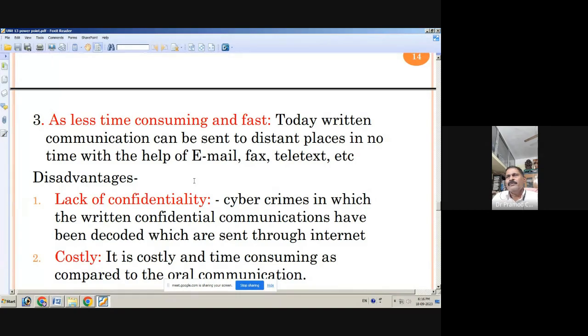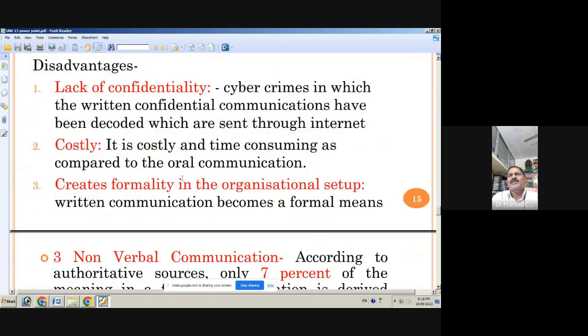Written communication was previously sent by post, which took 7 to 8 days. But now the written document can be sent in the form of a PDF through email, fax, telecast, or WhatsApp, and it can reach the person concerned on the same day. But there are also disadvantages. What disadvantages? Suppose a circular is going against anybody.